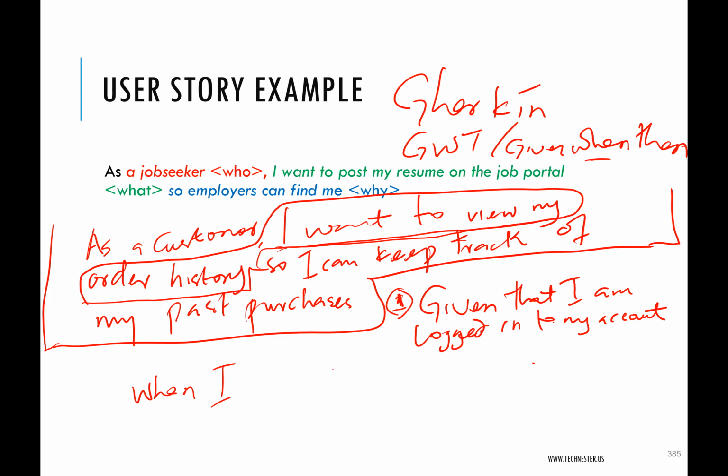Given that I'm logged into my account, when I go to the order history page, you may write when I click on order history link, right? So depending on what you are designing and how it's structured, when I go to the order history page or when I navigate to the order history page, right?